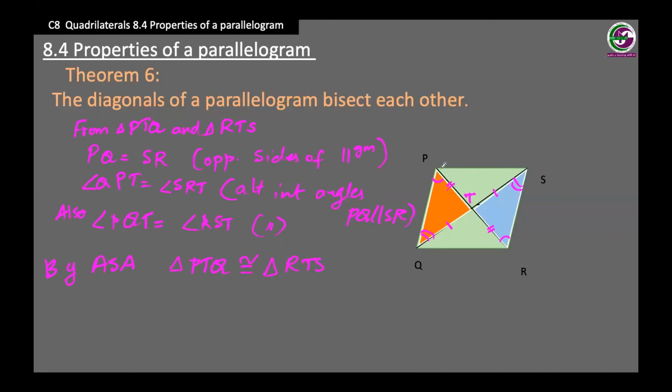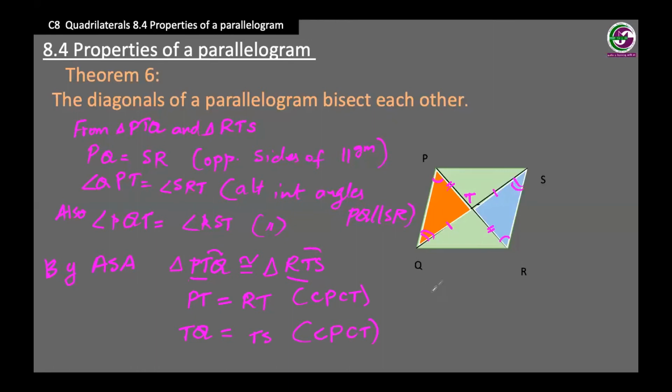The question is to show that PT is equal to TR. PT and TR, they are in the same position. So PT is equal to RT or TR, which means corresponding parts of congruent triangles are equal. Again, we have to show QT is equal to TS, the same. TQ is equal to TS. Corresponding parts of congruent triangles are equal.